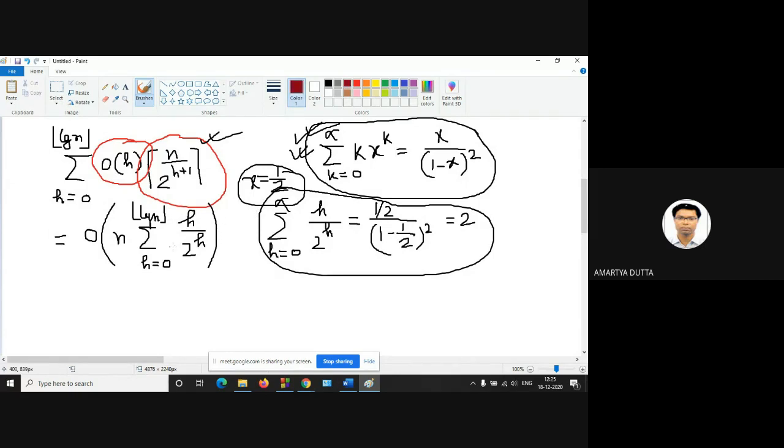Now this entire term is a constant, this is 2. So the final complexity, ignoring the constant term, is order of n. So the build max heap function's complexity is order of n. Any doubts?